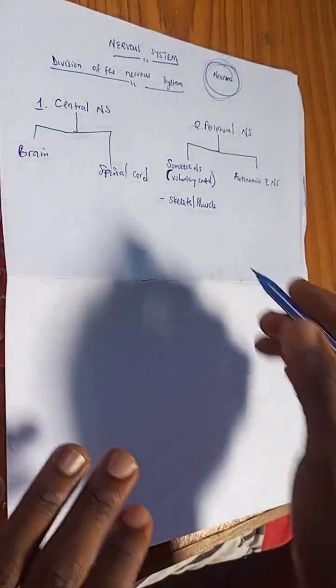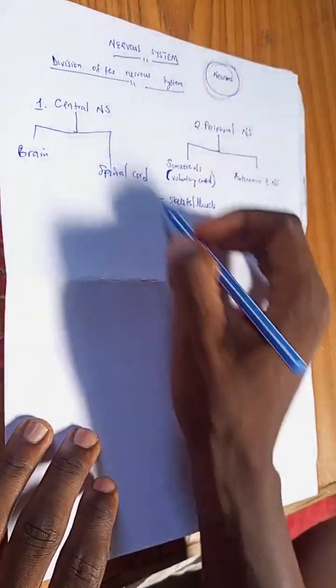So let's give an example. You decide when to walk, you decide when to stand, you decide when to jump. All that is due to contraction and relaxation of the skeletal muscles, how you coordinate the movement. So that's under skeletal muscle. So that's the somatic nervous system.